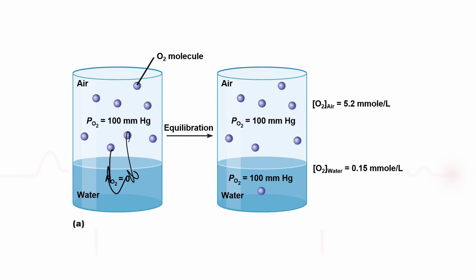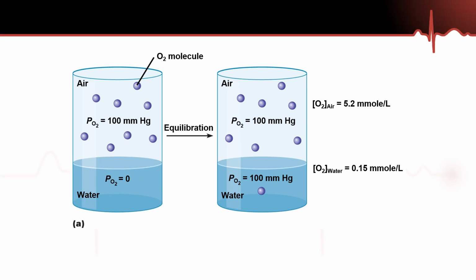Okay. And what will that result in? It's going to result in the exact same thing that we saw between the air in the alveoli and the blood plasma in the pulmonary capillaries. Oxygen is going to move down its partial pressure gradient, from the air in the cylinder into the water or the fluid in the cylinder, from a partial pressure of 100 towards a partial pressure of 0.